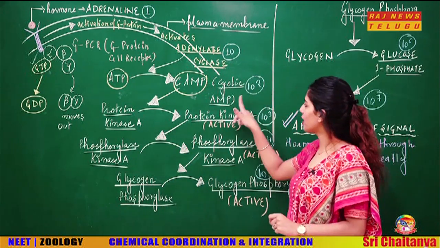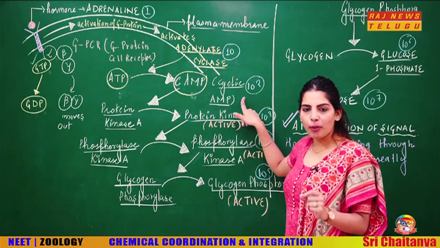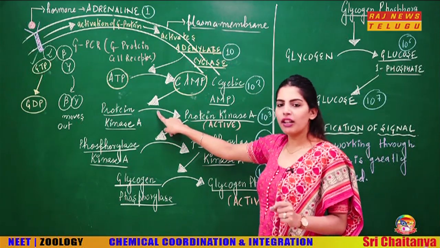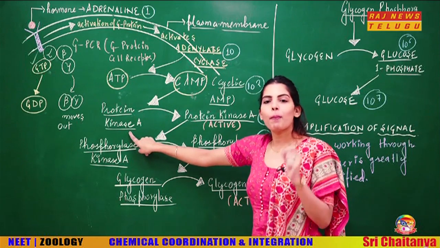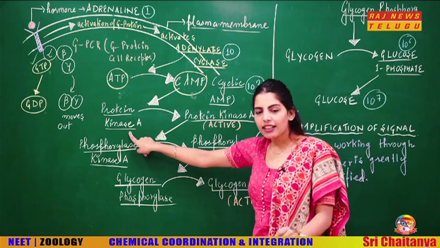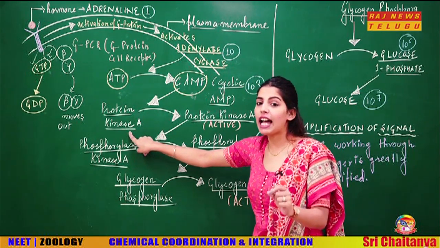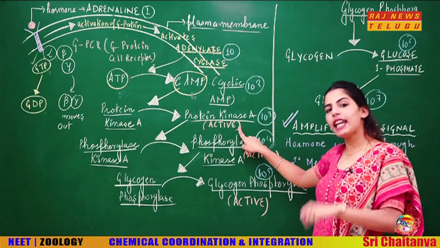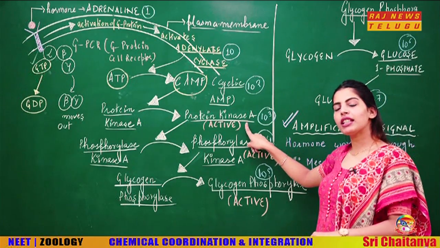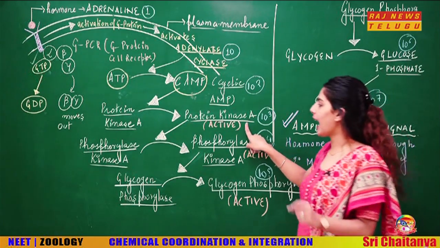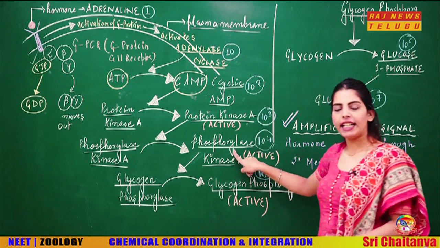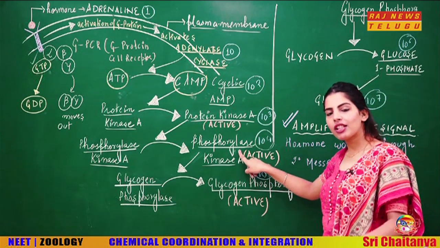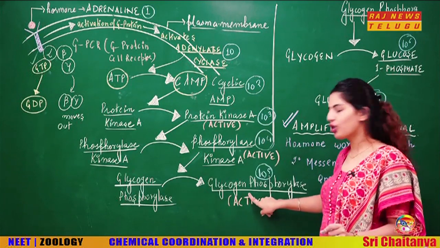Upon forming cyclic AMP, this cyclic AMP is going to convert this inactive protein kinase A into activated protein kinase A. This activated protein kinase A is going to cause the activation of phosphorylase kinase. This phosphorylase kinase upon activation is going to activate glycogen phosphorylase.